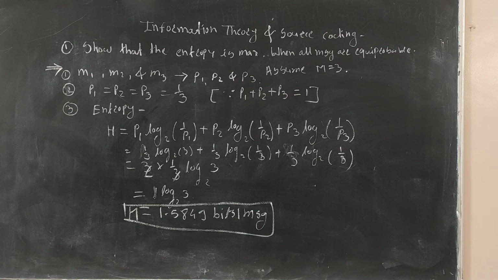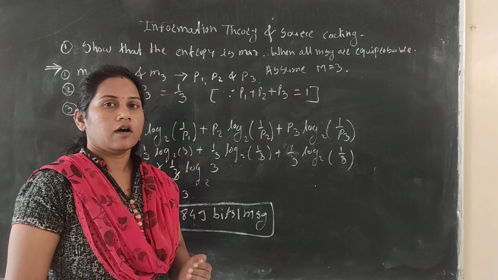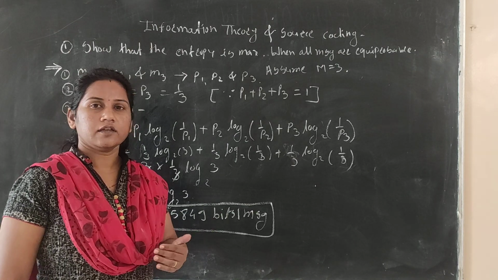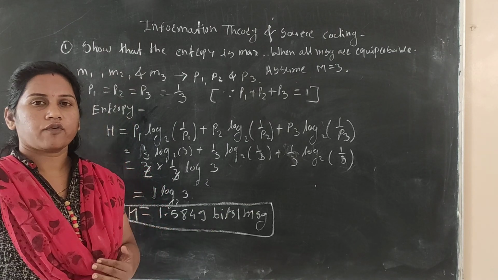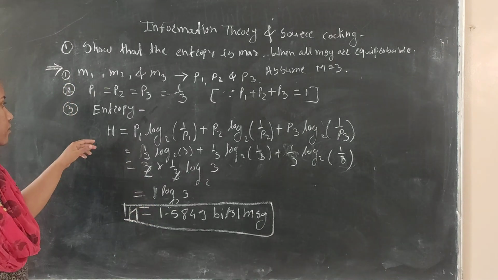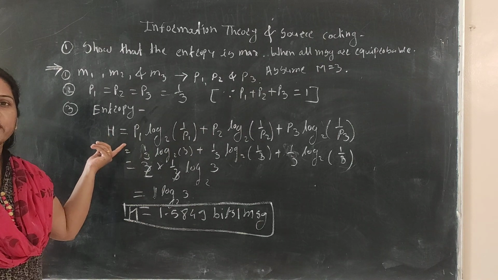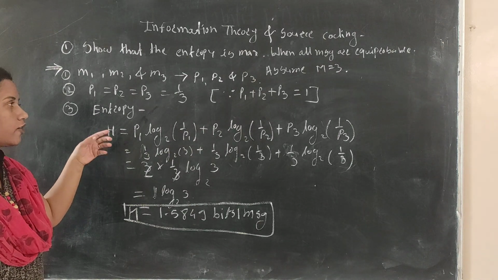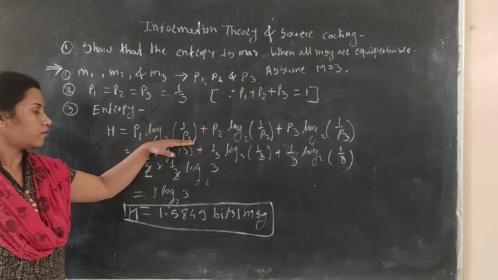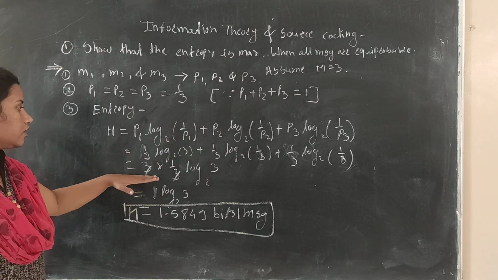What is entropy? Entropy is nothing but the average information carried per message, average information per message. In the last lecture we saw the definition as well as the formula for entropy, denoted by H, where H is equal to P log to the base of 2 of 1 by P1 for each probability.